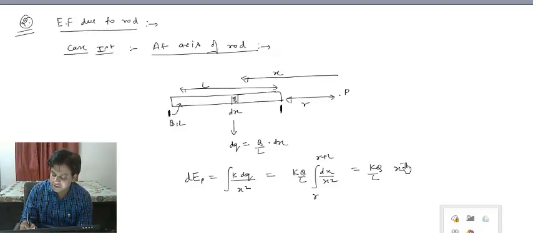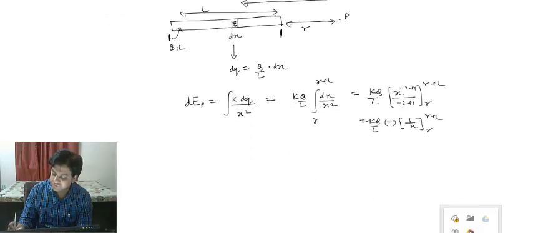So k q by l, integration of x to the power minus 2 is x to the power minus 2 plus 1 upon minus 2 plus 1, the limit is the same, r to r plus l. So it is k q by l into minus 1 by x, this minus is in multiplication, r to r plus l.